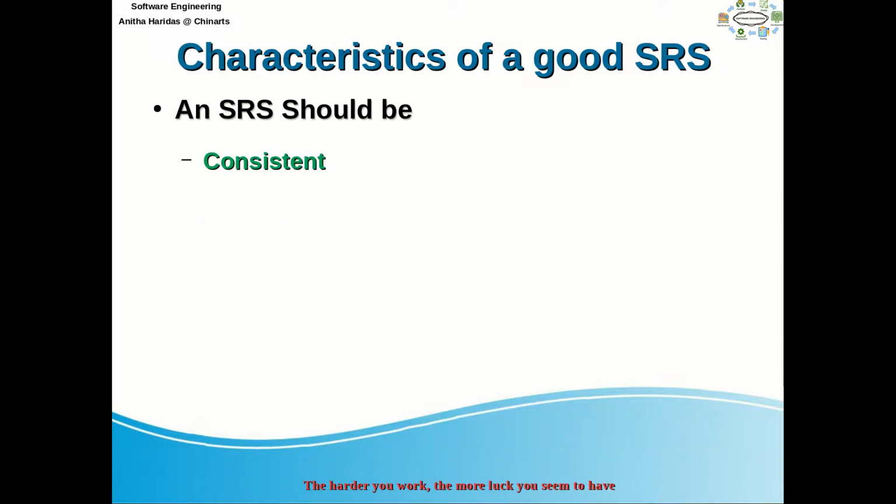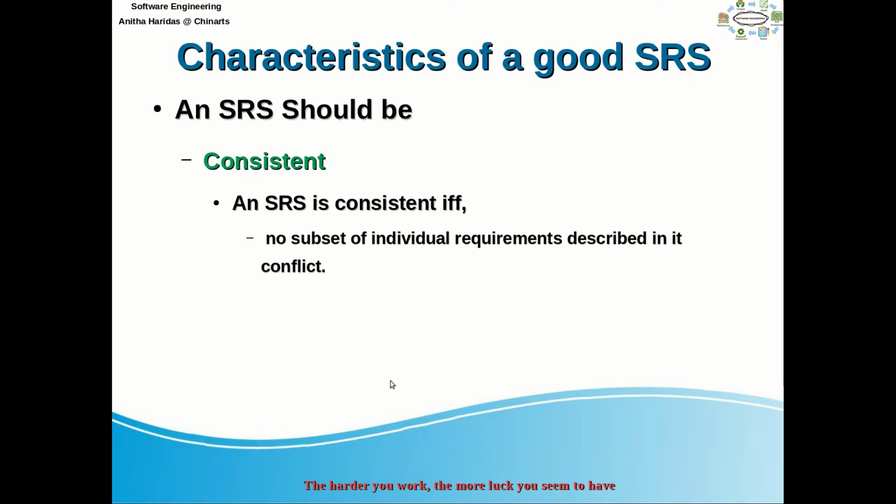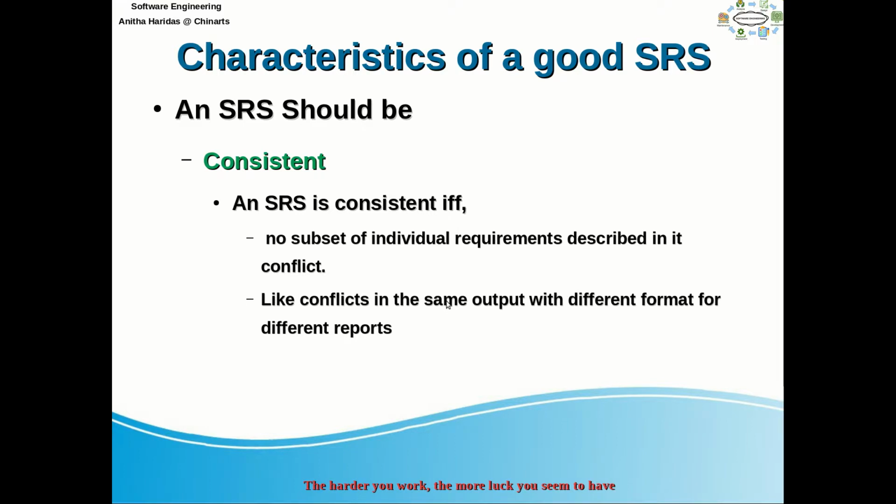Now the next characteristic is consistent. When you call an SRS a consistent SRS, you can call it consistent if and only if no subset of individual requirements described in it conflict. So there is no conflict between requirement 1 and requirement 2. If so, you can call it consistent.